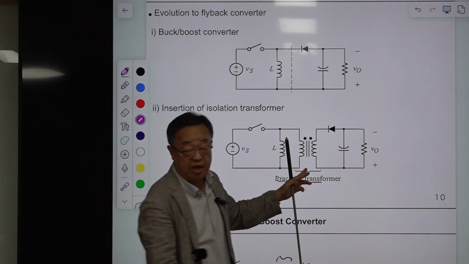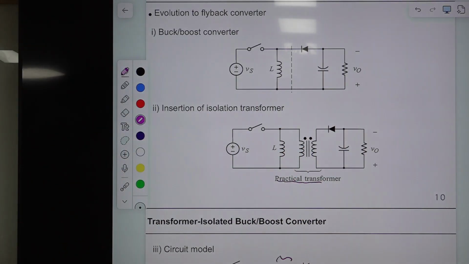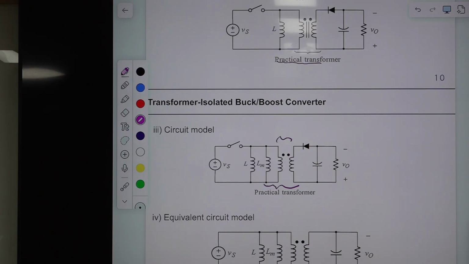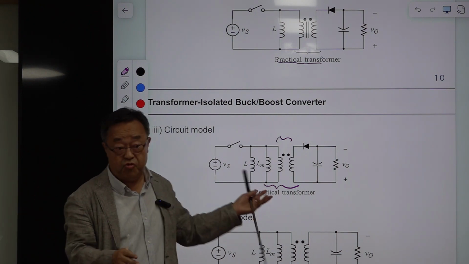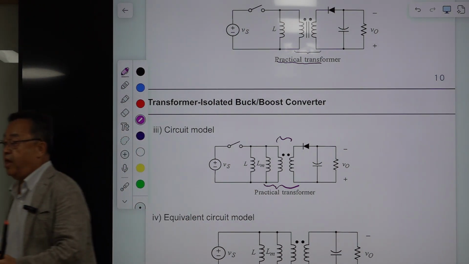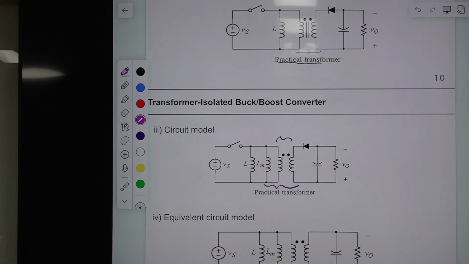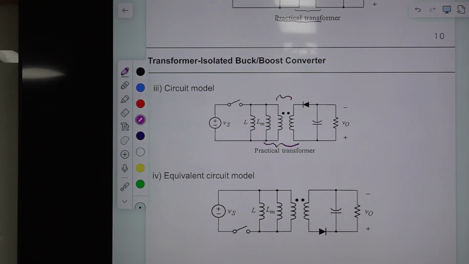So this is the practical transformer, and without the vertical bar, the ideal transformer. That is my notation, though. Somebody else uses something else, but I use this all the time. So this becomes the ideal transformer in parallel with the magnetizing inductance of the transformer.